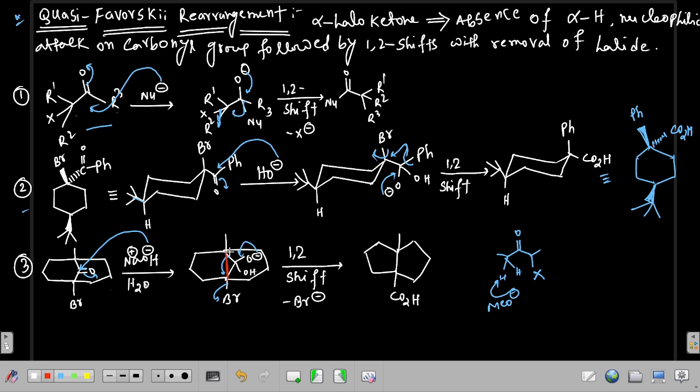Here you see 1 2 3 4 5, so a 5 membered ring. This side 1 2 3 4 5, so a 5 membered ring. So two 5 membered rings are joined to each other. Here CO2H forms a carboxylic acid.